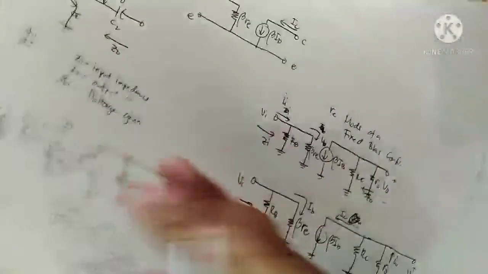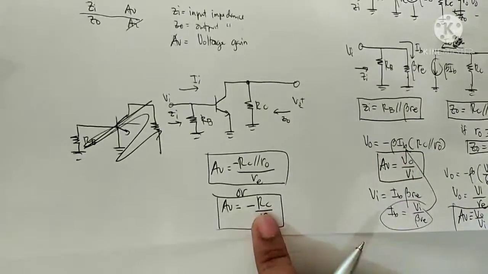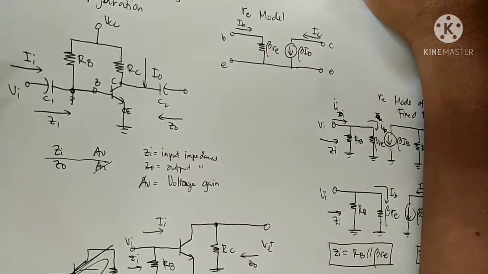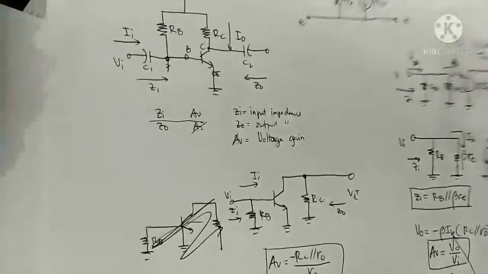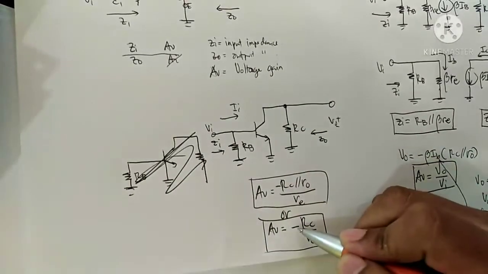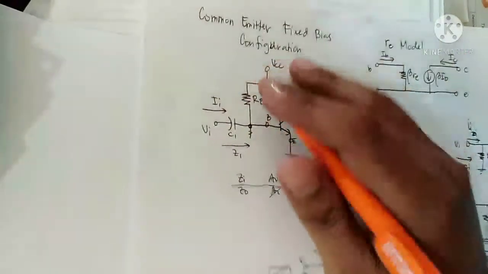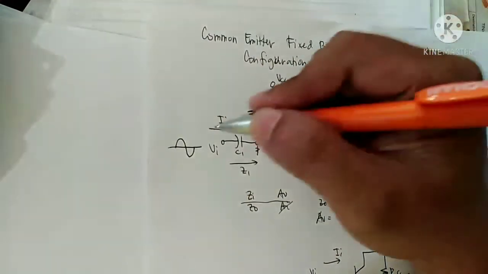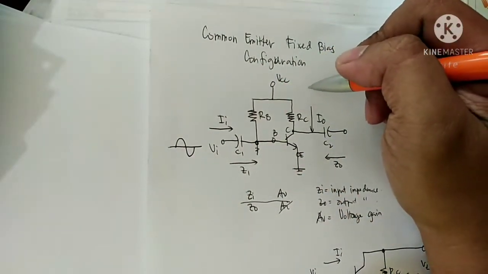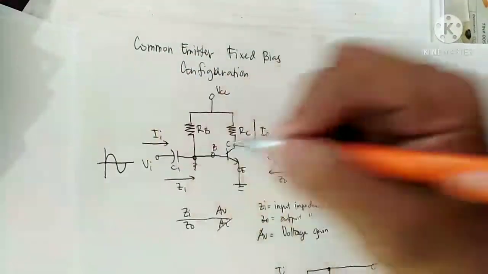So you now have the input impedance, output impedance, and the voltage gain. So let's have an example. By the way, if there is a negative sign, what does it mean? If you have a signal, the output, since this is an amplifier, from a very small signal, becomes larger.